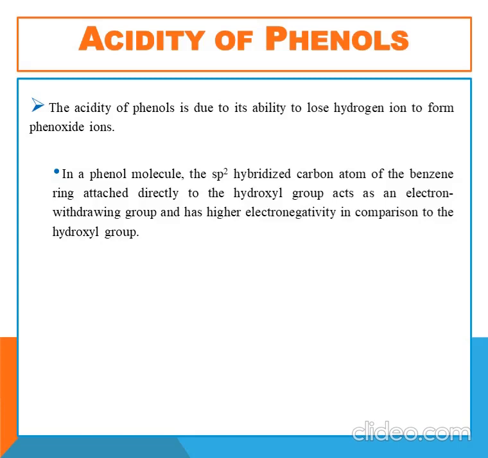So the sp2 hybridized carbon atom of the benzene ring is an electron withdrawing group. It will take away the electron from the oxygen, and as a result it has higher electronegativity in comparison to the hydroxyl group. So the negative charge will be taken up by the sp2 hybridized carbon atom.